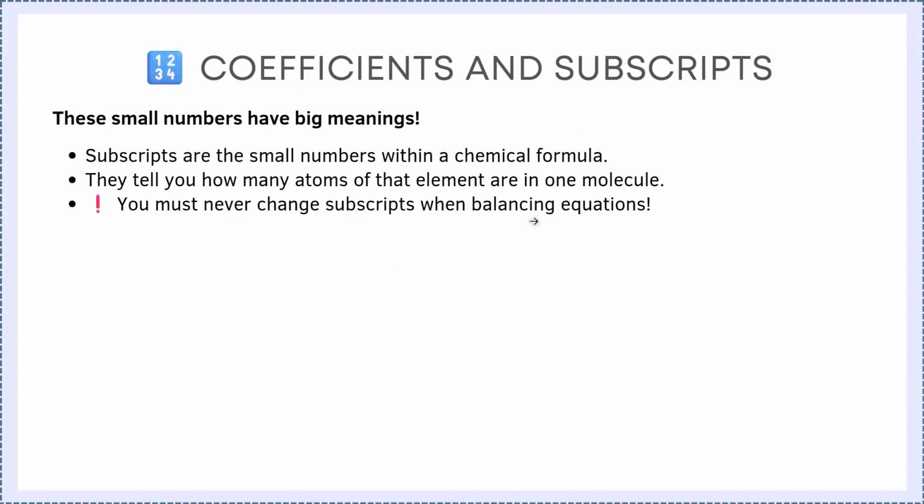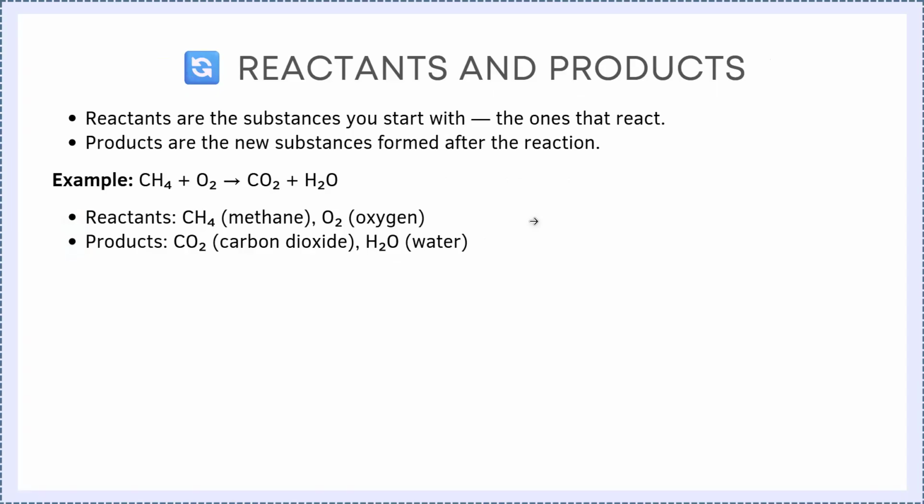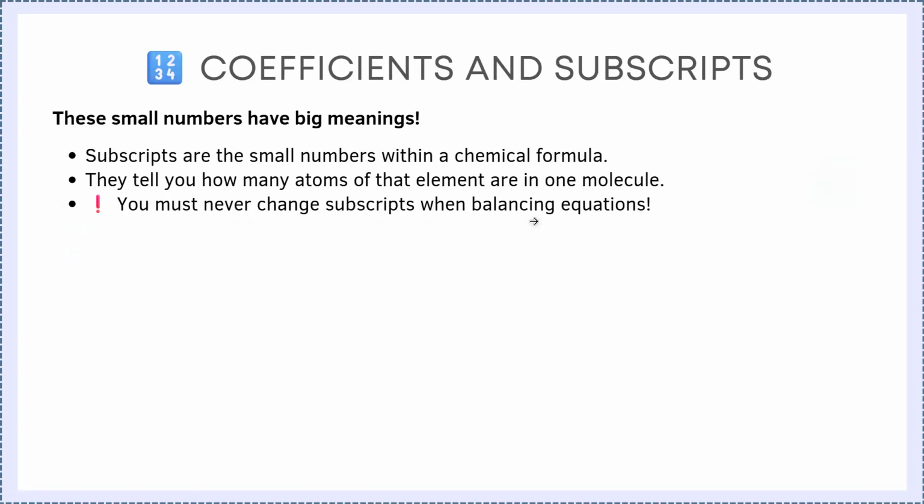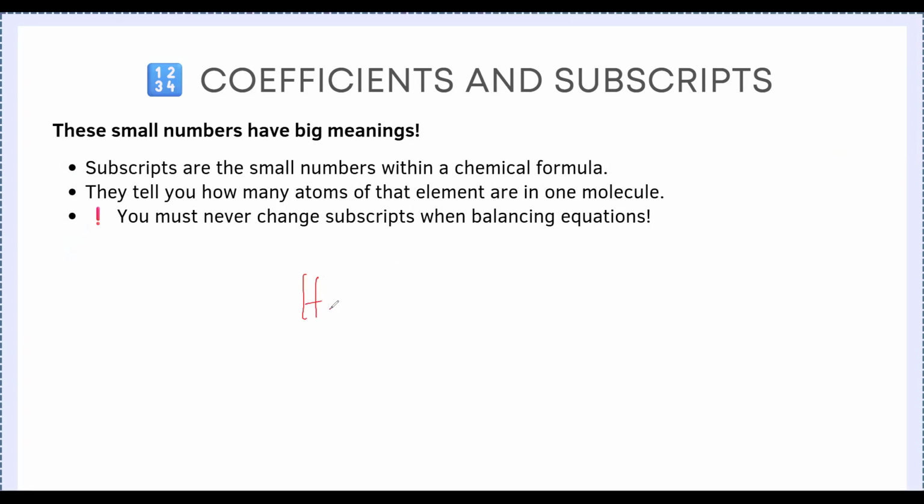Part number two is called the coefficients and the subscripts. So let me backtrack a bit. When we have a chemical equation, for instance, let's say the equation that shows the reaction between hydrogen and oxygen to produce water, H2O.